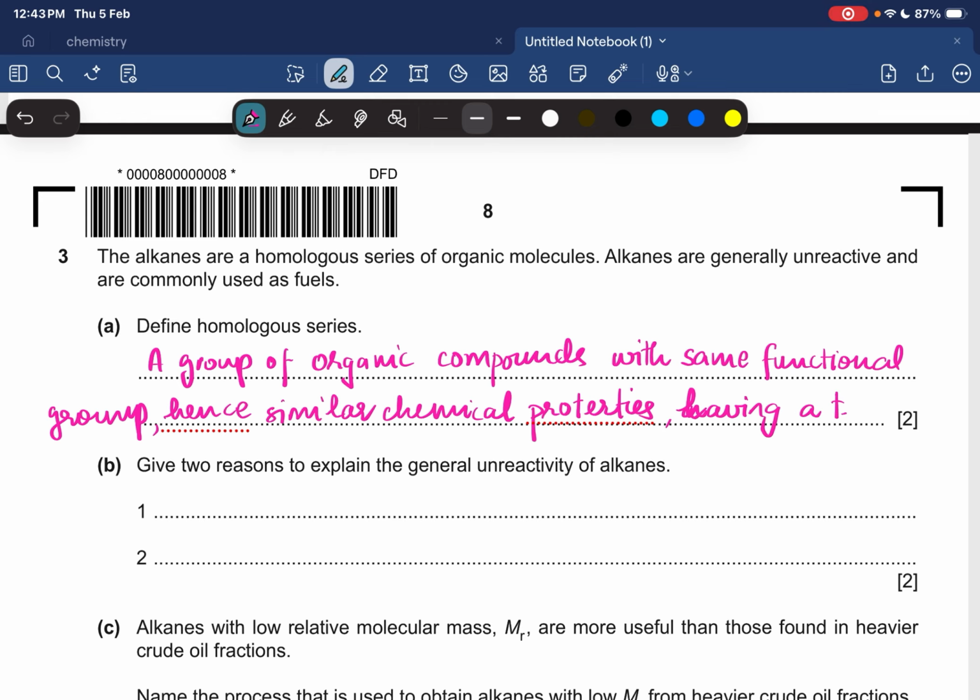Having a trend in physical properties, and each successive member differs by 1 methyl unit, right? That's what I know. Each successive member differs by 1 methyl unit.